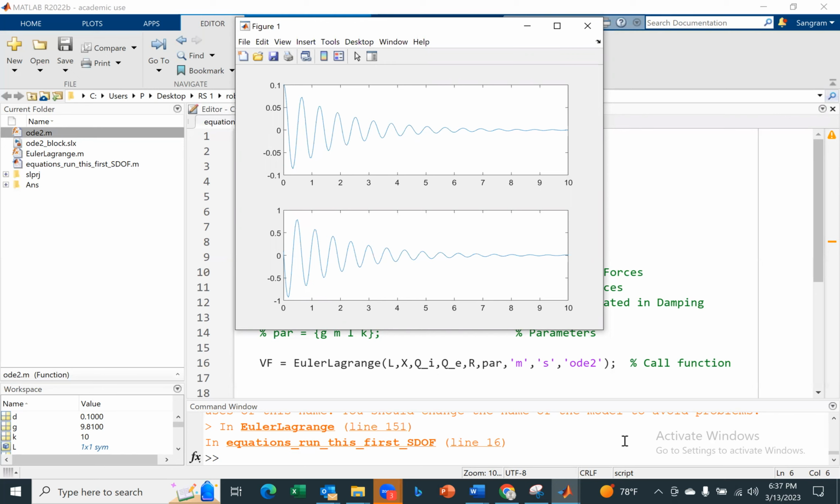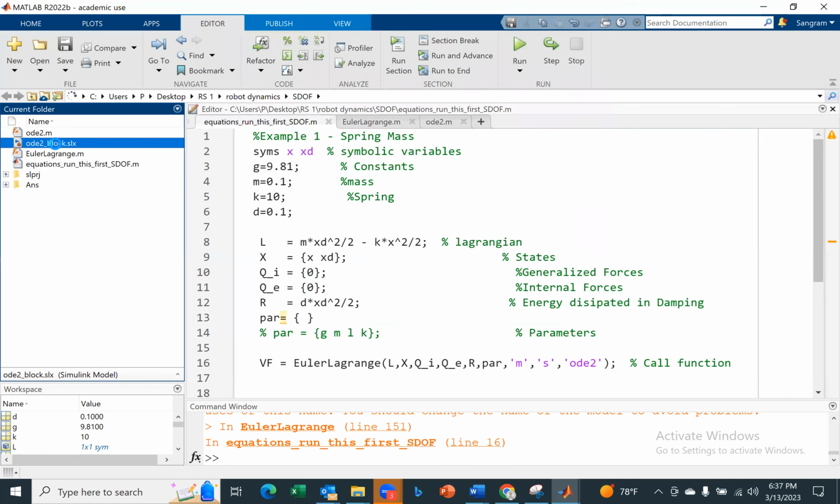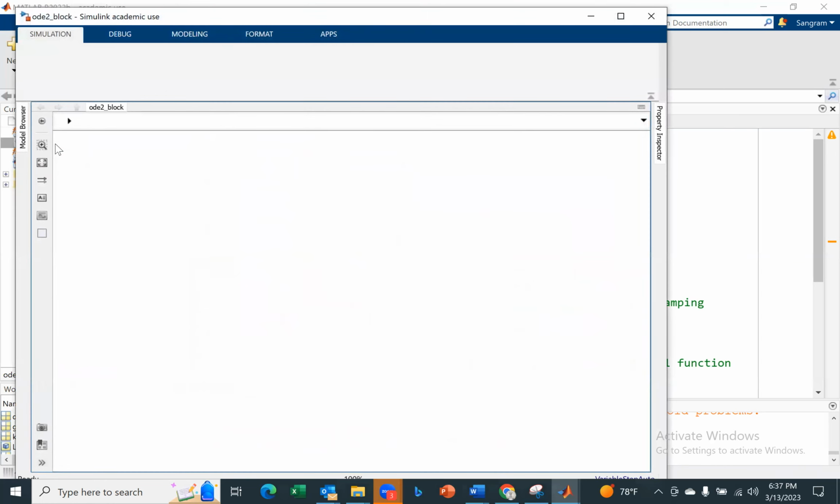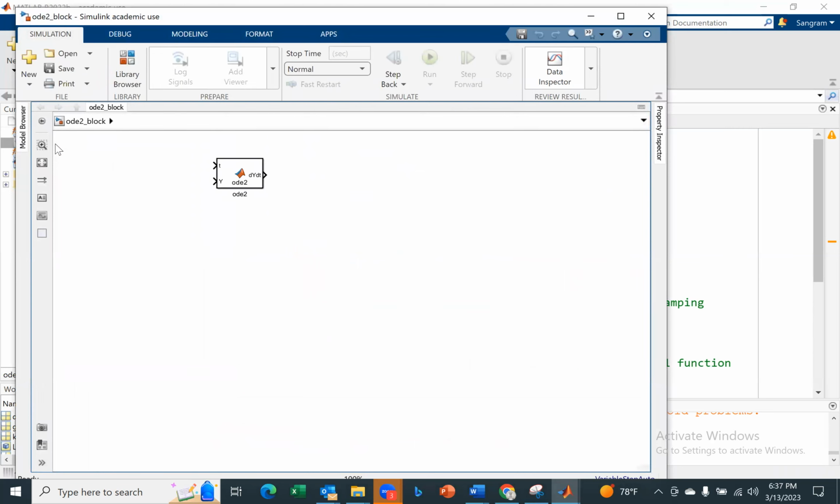Now, one thing I want you to observe, and if you don't have Simulink, you won't be able to see it. But if you have Simulink, you will be able to observe it. So double click on ODE2 block SLX. This is the Simulink block of the differential equation.